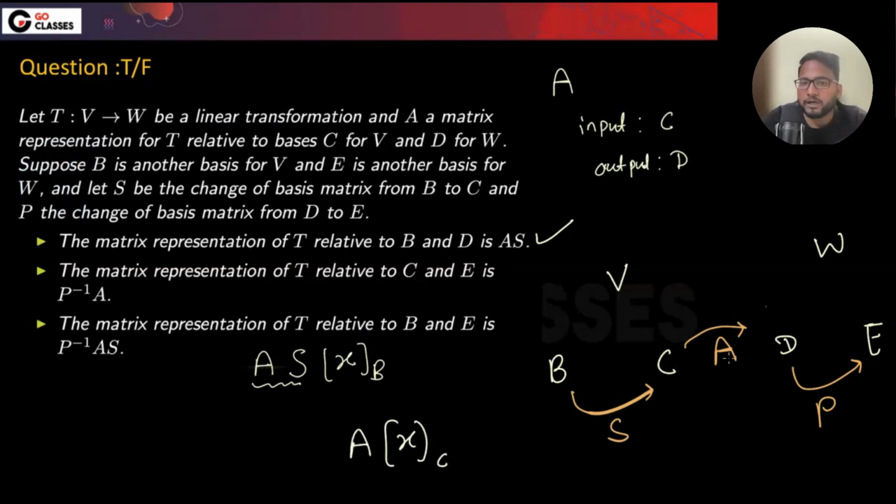Now finally you got D, but you want the output vector in E. So this particular vector is in D, and then you want the output vector to be in E. Let's check what this P matrix does.